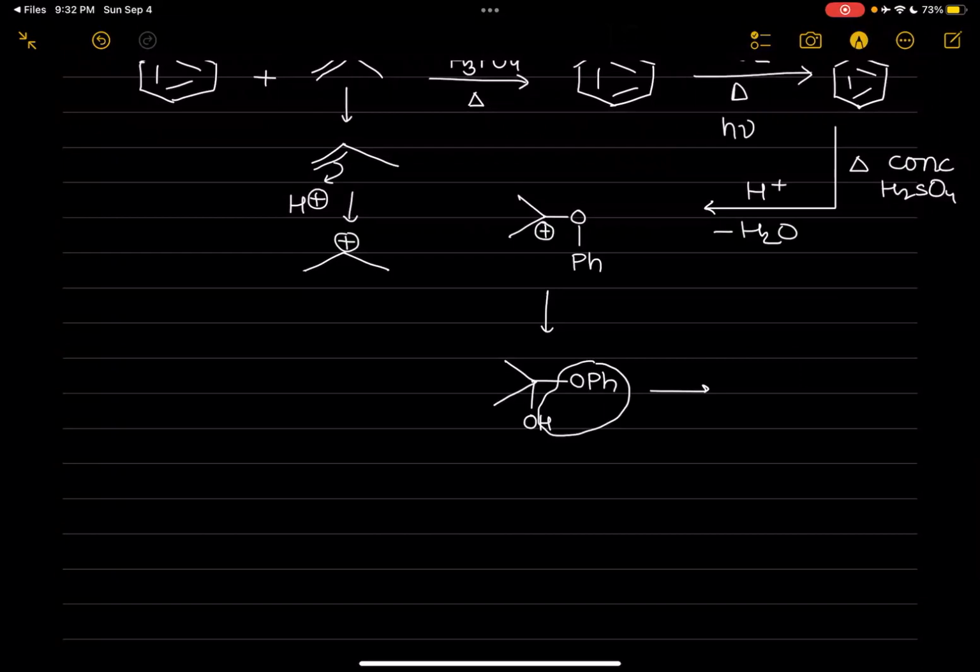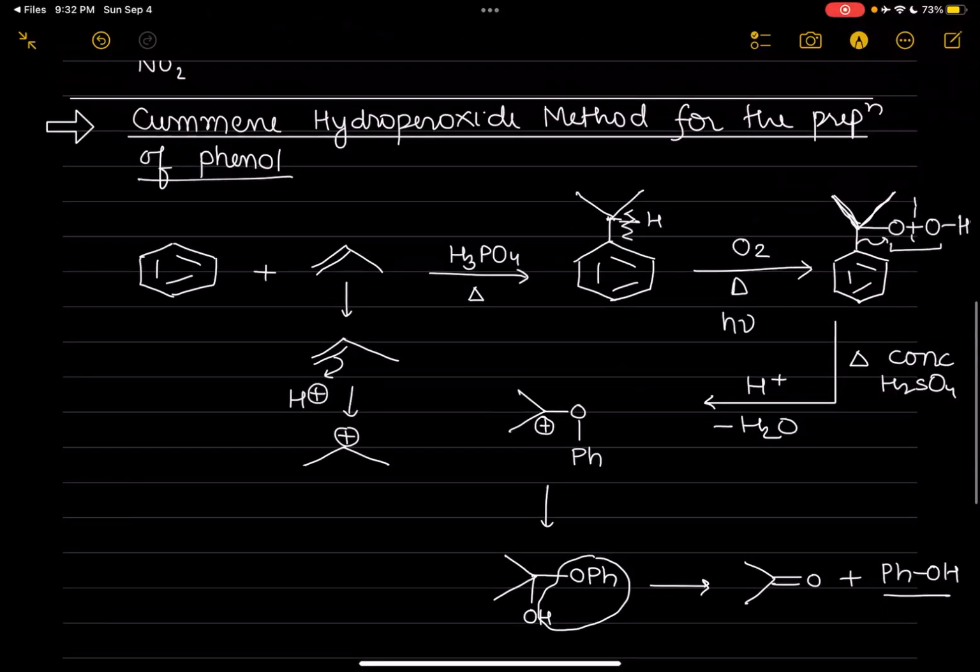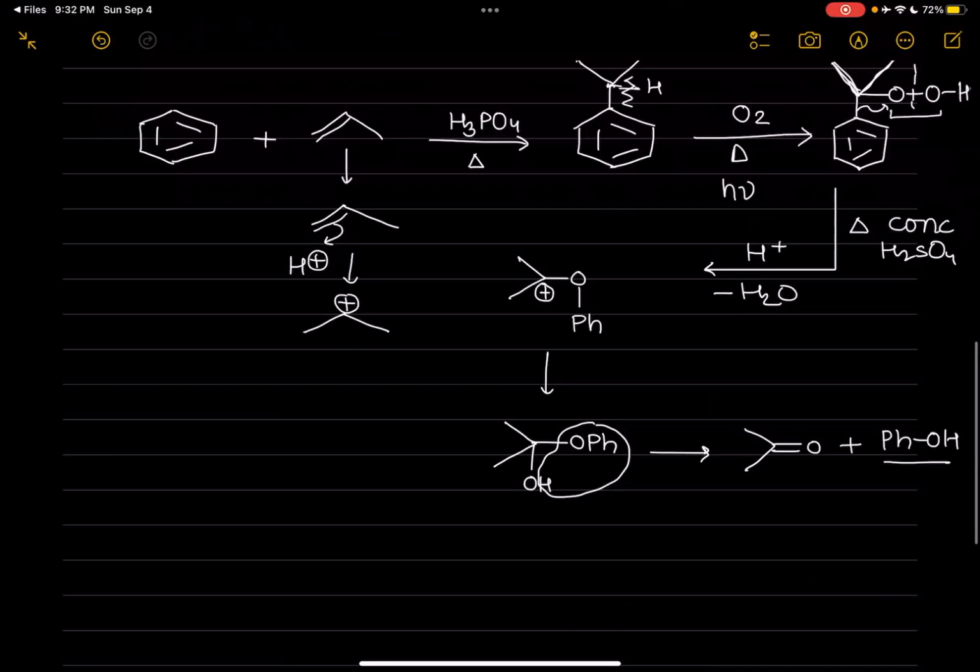So you can directly write acetone and PhOH. Okay, this is the phenol. Okay, what you can do is this cumene hydroperoxide, I will tell you the trick. This is the cumene hydroperoxide.